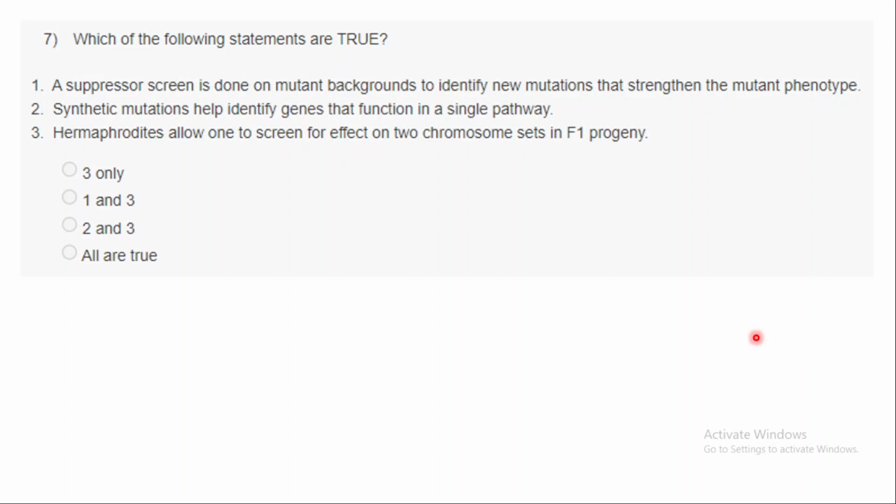Second statement about synthetic mutations. And hermaphrodites allow one to screen for effect on 2 chromosome sets in F1 progeny. Okay, Ajay has answered all are true.